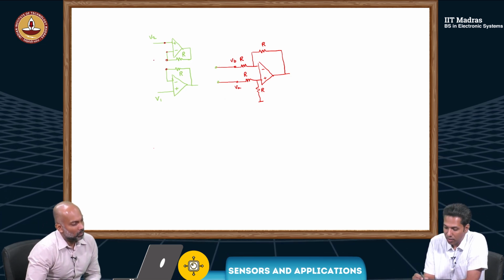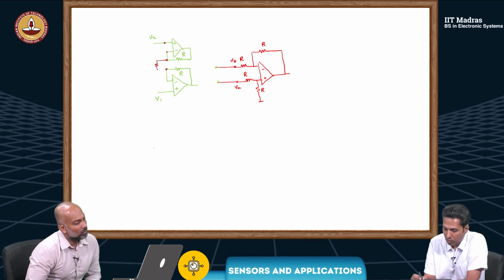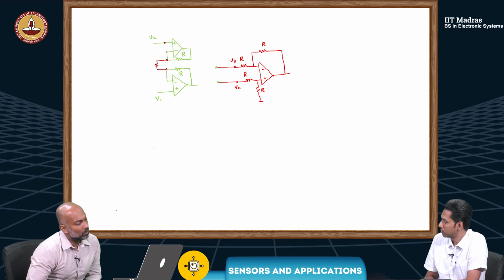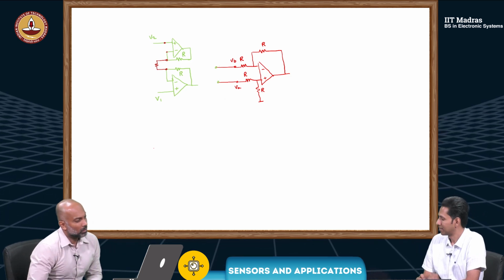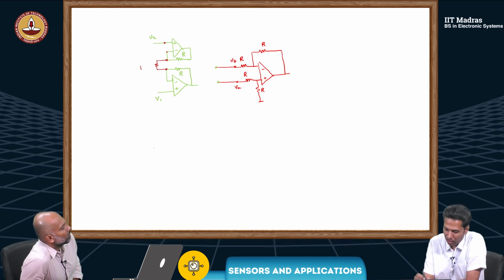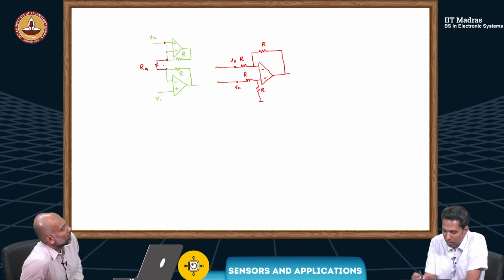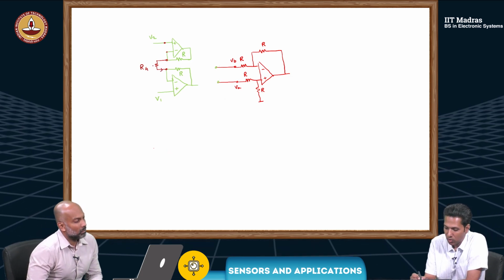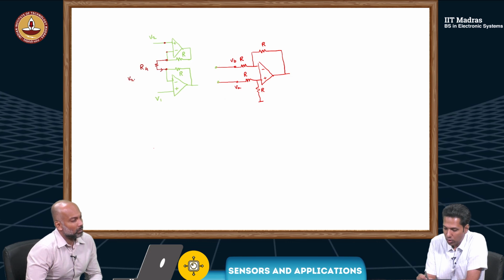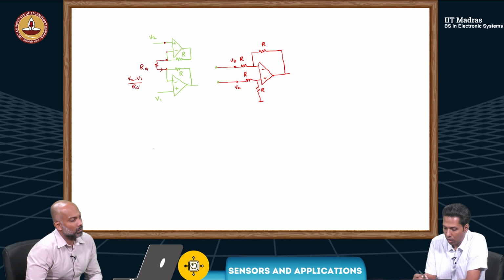Now let's say I connect a resistor here between this V2 and V1, we'll call it RG. So that means there will be some current through this, which is V2 minus V1 by RG.